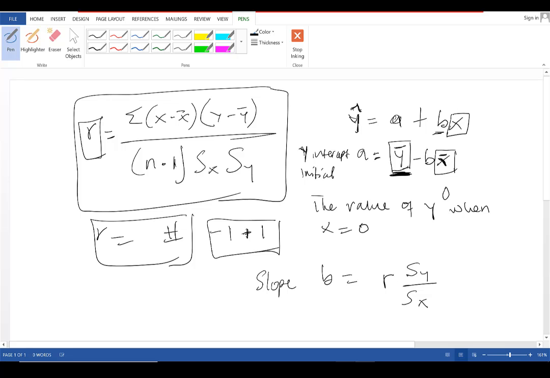That's the slope. That is, for each one increase of x, how much are we adding?